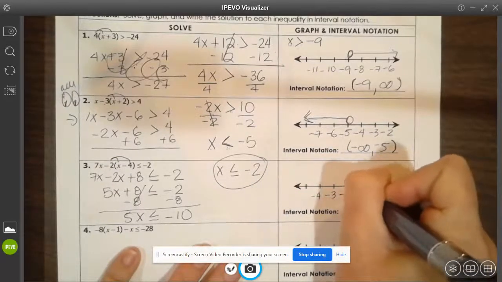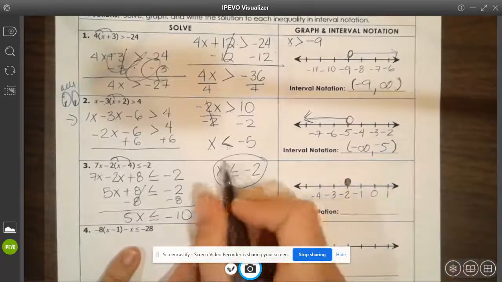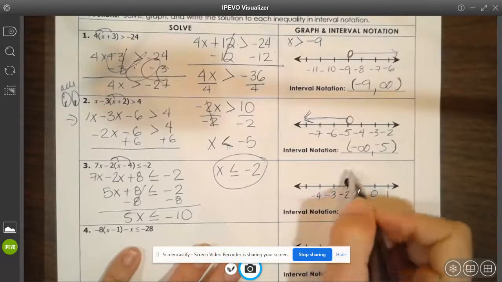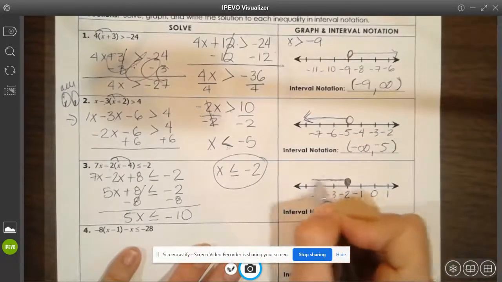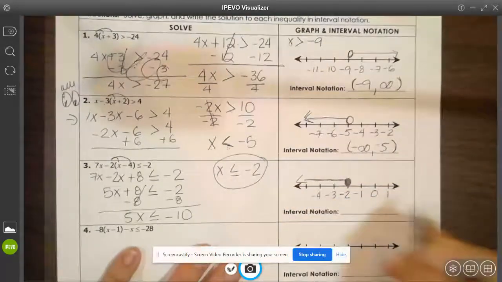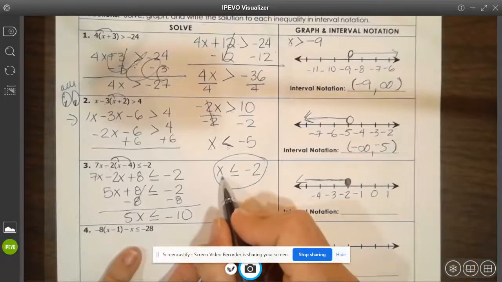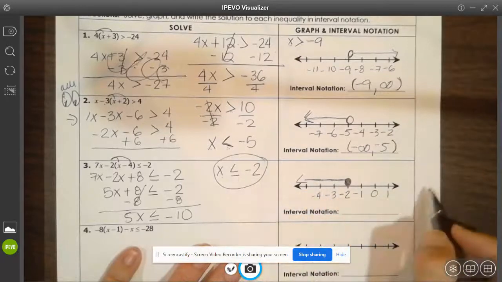I'm going to close that circle. And all my numbers will be included, going from negative 2 to negative infinity. So the variable means it can be any number lower than or equal to negative 2.